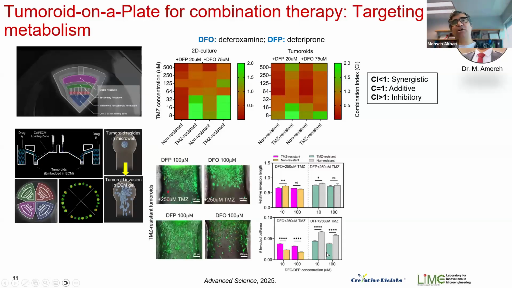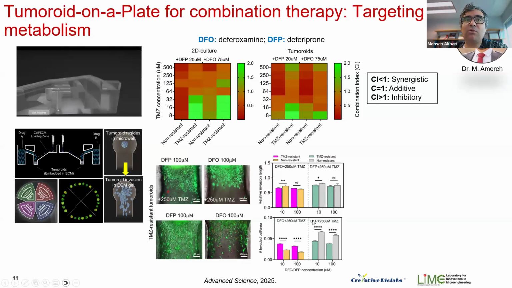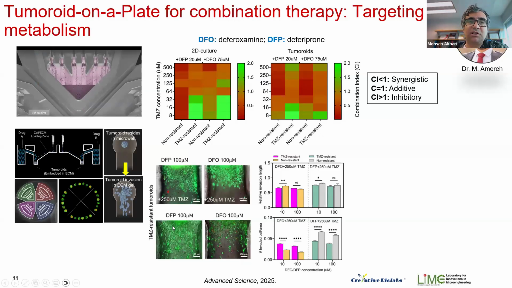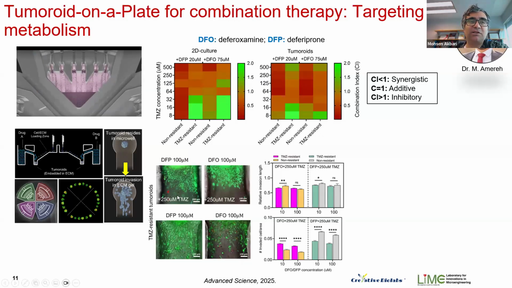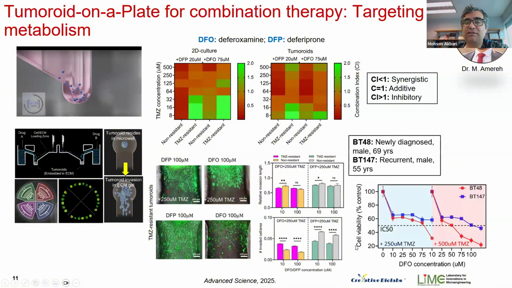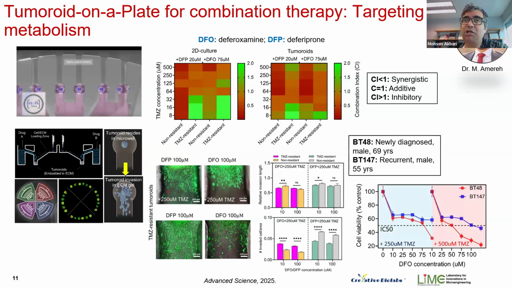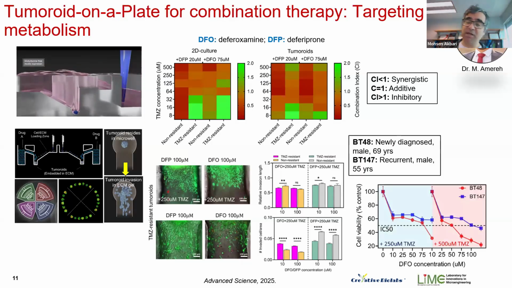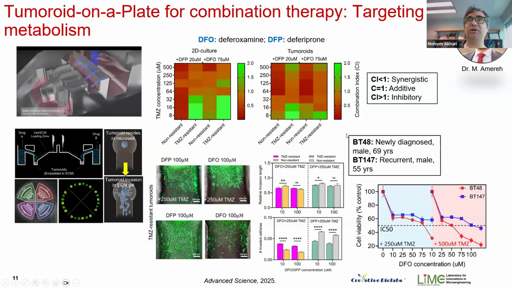And then later on, we looked into how these concentrations impacted cell invasion. These are invasive cells from the tumor mass that you can see on the top. We also looked into how these drug combinations can impact the cells we isolated from tissues collected from patients: one newly diagnosed patient, and another a patient with recurrent glioblastoma, which had temozolomide resistance as well.